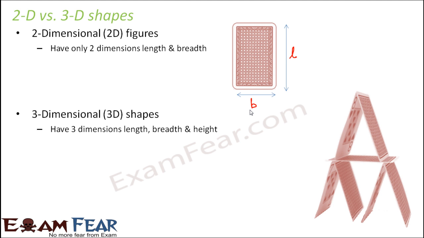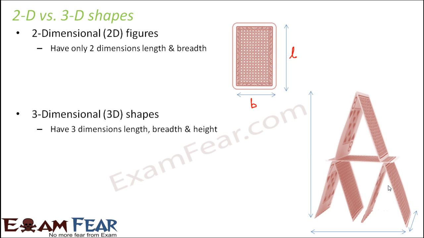Let's say instead of one playing card, I take 7 playing cards and arrange them like this. So, I build a tower. Do you think this tower is two-dimensional? It is not, because this time you have its length, its height, and also its width. So three dimensions are now needed to define the size of this tower which we have created.